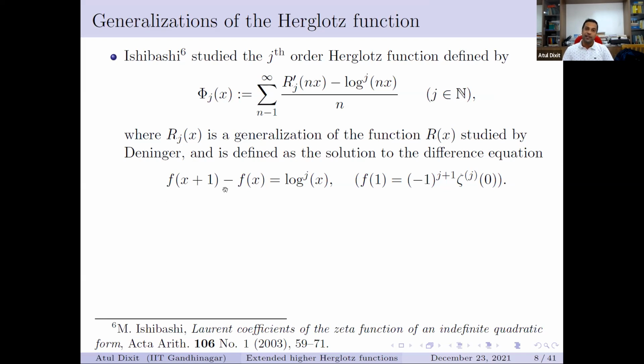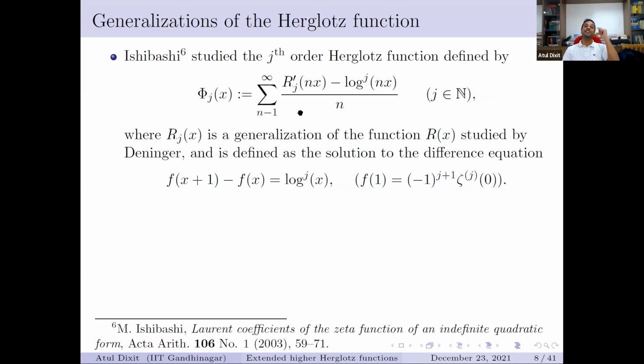Because if you look at log gamma of x plus 1 minus log gamma of x, what does it give us? Log of gamma of x plus 1 by gamma of x. Use the functional equation for the gamma function. Gamma of x plus 1 is x gamma of x. So it's x gamma of x over gamma of x inside the log. So gamma of x cancels and you have log x, which is what the right hand side is. Okay, and you can also check that the initial condition is also satisfied. So R_1 of x is nothing but log gamma of x.